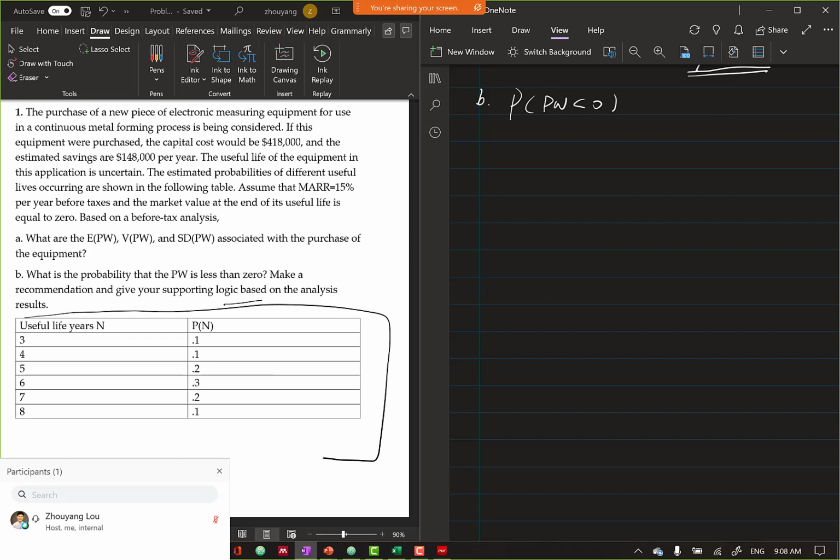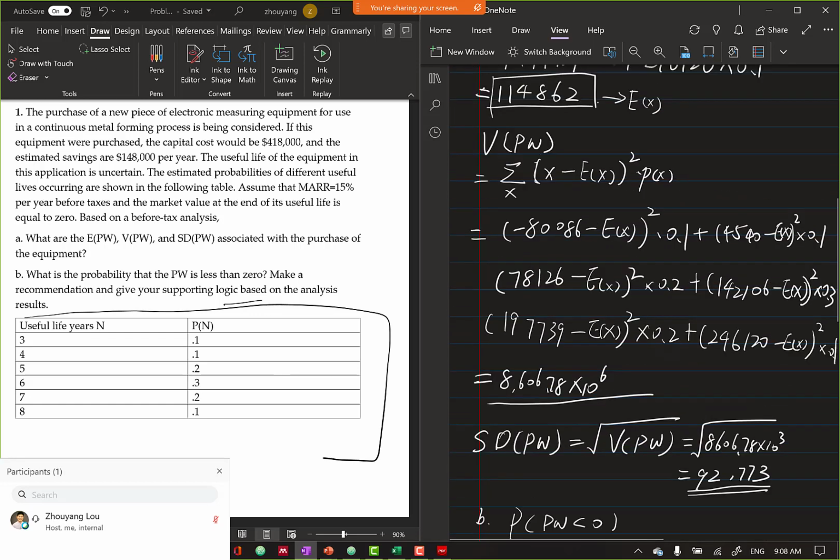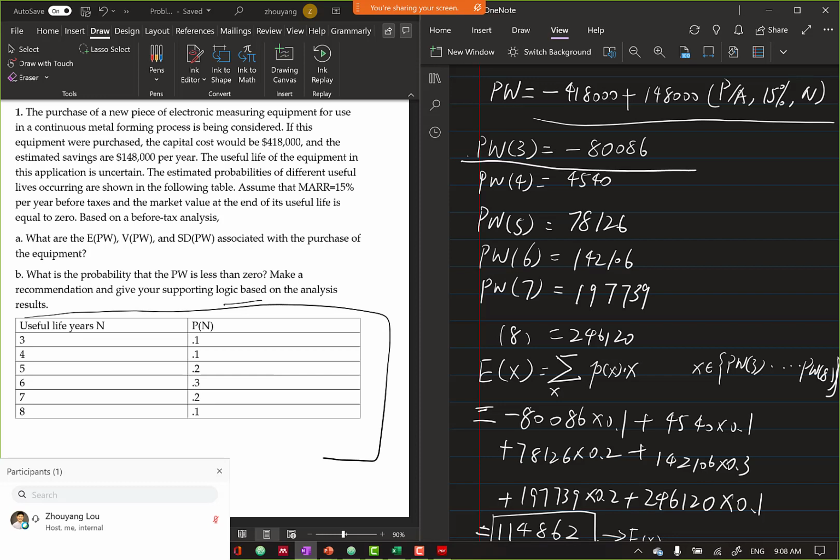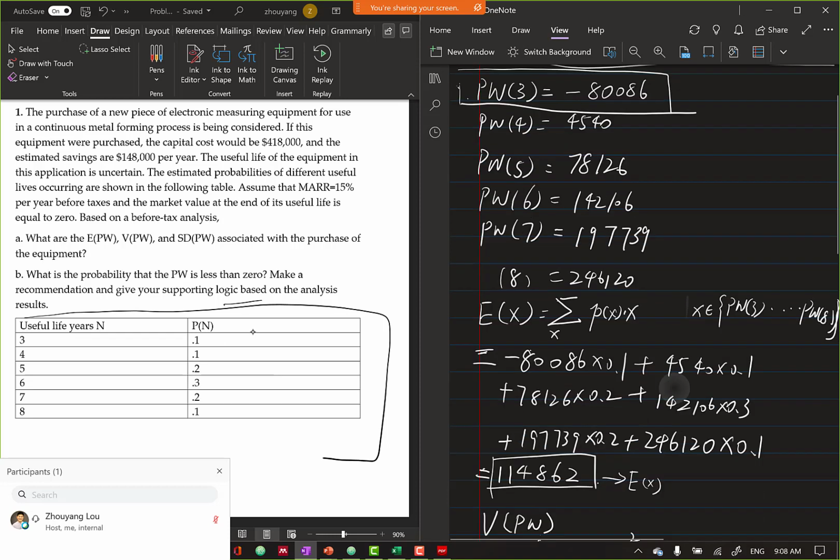Actually, we can see from our calculation that when the present worth is less than 0, that's when n equals 3 years. That corresponds to this table in the first row. So for 3 years, we have the probability P3 equals 0.1.